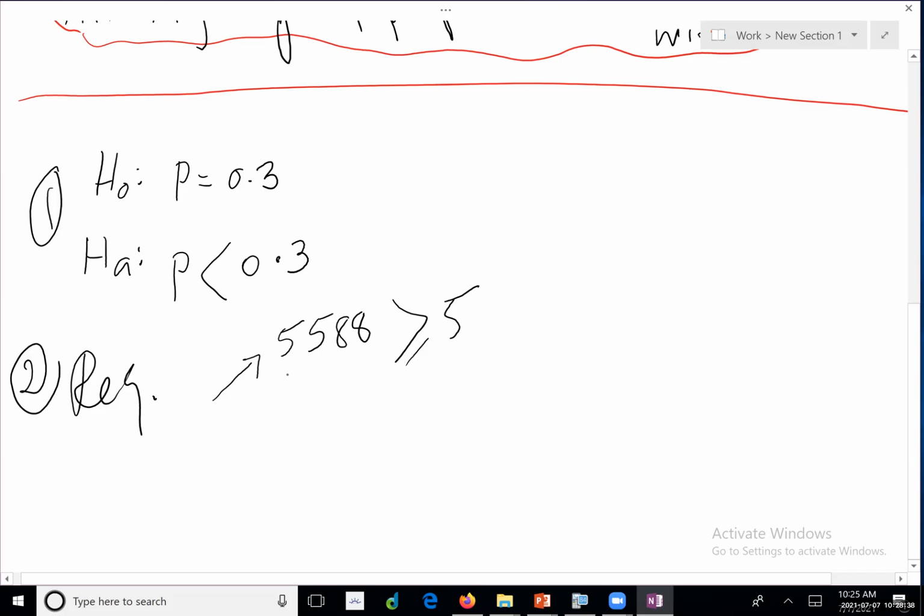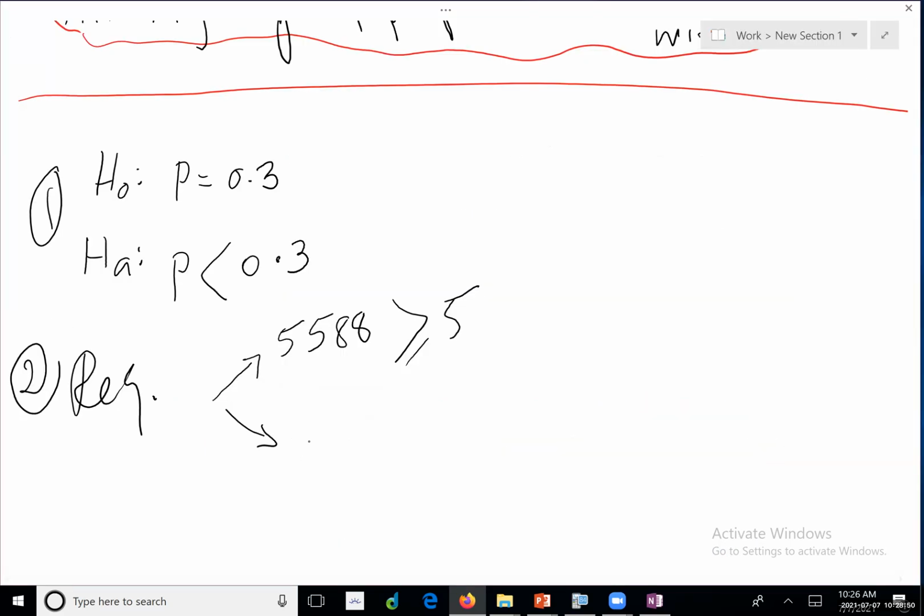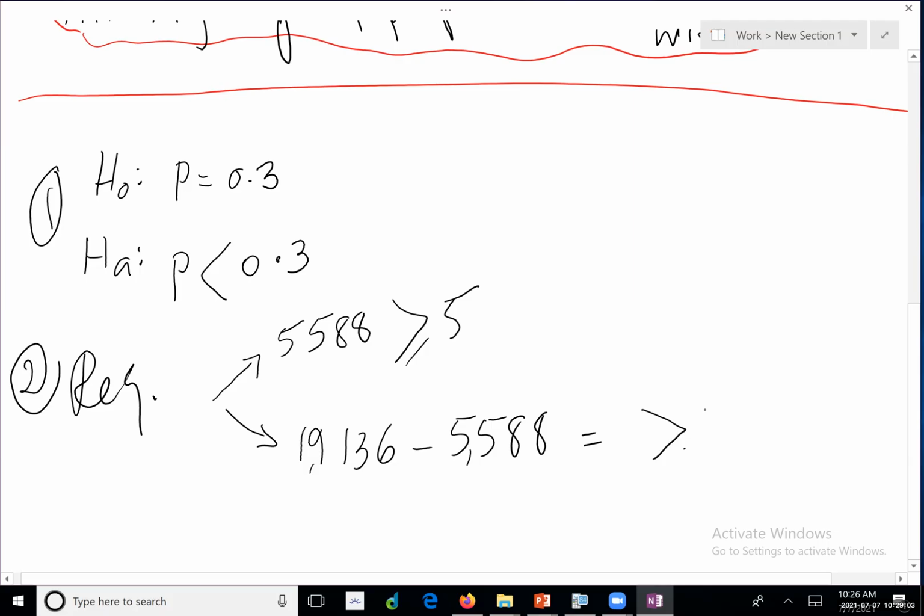And then the failure would be the remaining from 19,136. So 19,136 minus 5,588 are those who do not sleepwalk. So do this calculation, it's definitely greater than or equal to 5.